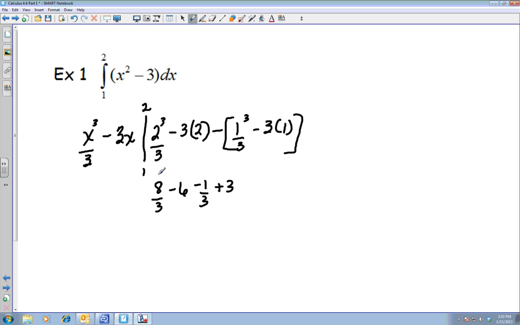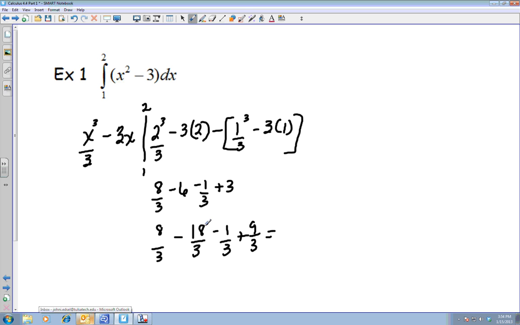Now let's do this. I'm going to get a common denominator. 8 thirds, my common denominator is going to be 3. So 6, that's going to be 18 on top, because 18 over 3 is 6, minus 1 third plus 9 over 3.